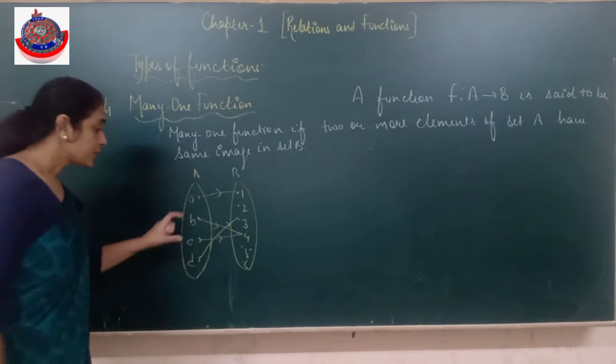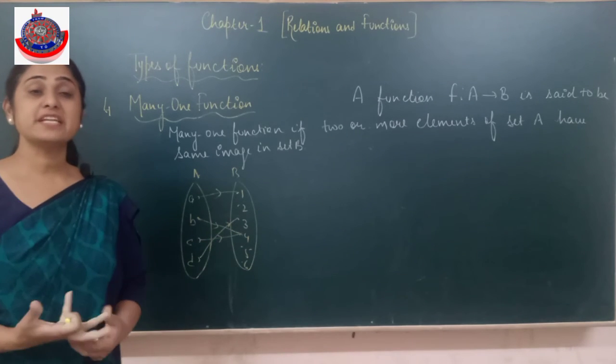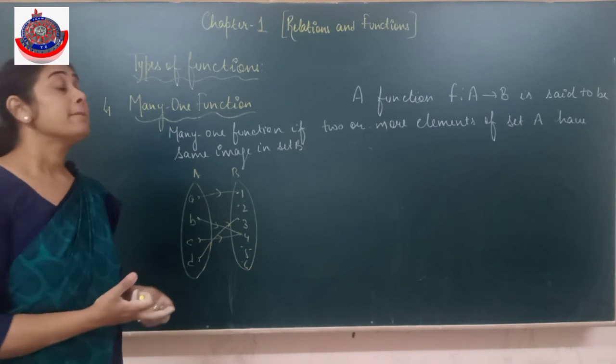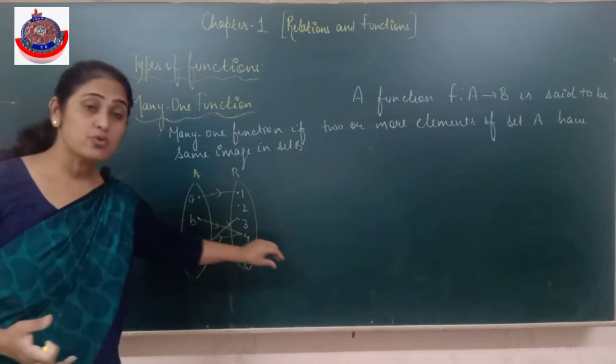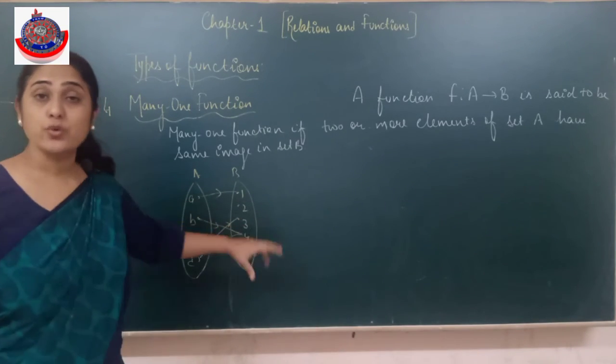So two or more elements can share the same image, then we say this is many-one. From many, the arrow is going to one.